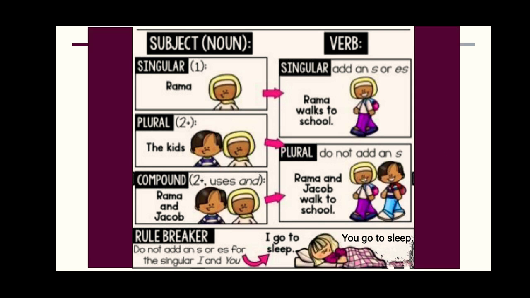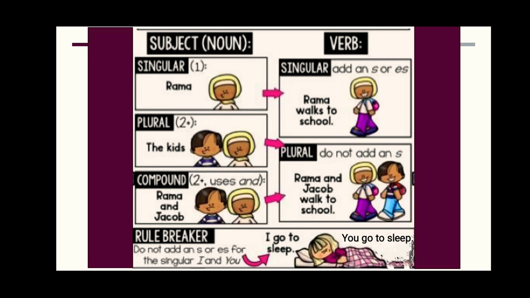Students, let's try to understand it with the help of this chart. Now, as you could see, on one side I have given you subjects in small boxes, and on the other side I have given you verbs with examples. So, you can see the first picture, Rama, singular, only one person.